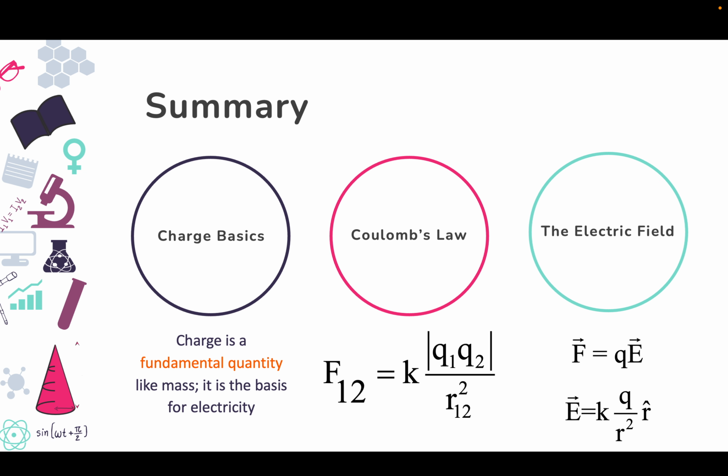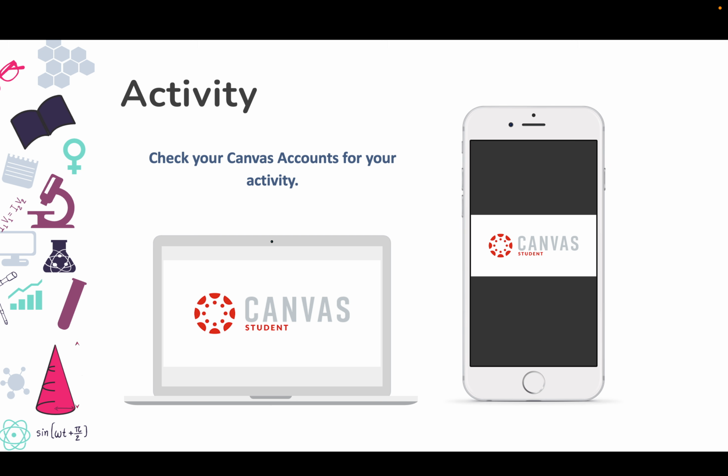And we talked about electric field, and you were presented with two formulas that you can use for electric field computation. You have F is equal to QE, where E is your electric field, or you can use E is equal to kQ r-hat all over r squared. So that is our first module on electrostatics.